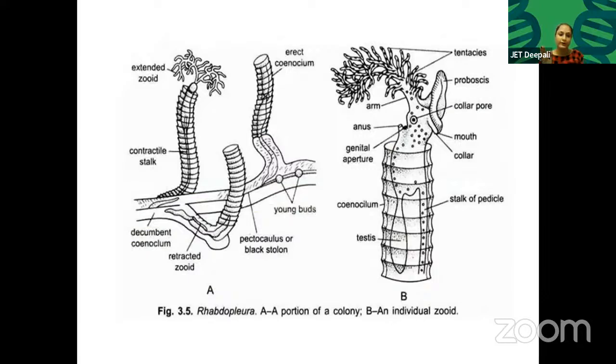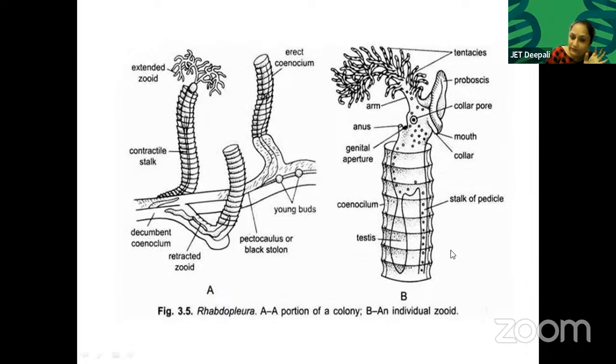This is Rhabdopleura. See, they love the colony. See the extended zooid, erect coenosarc. Coenosarc means the multiple zooids are connected. Young buds, so asexual reproduction is found. Pectocaulus or stalk.